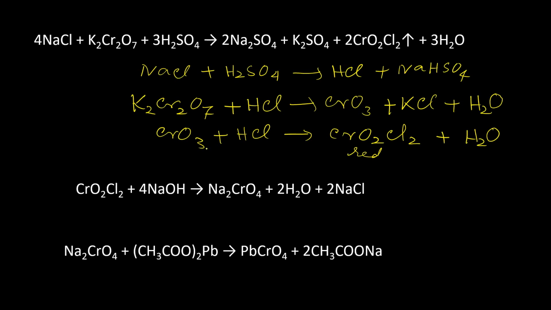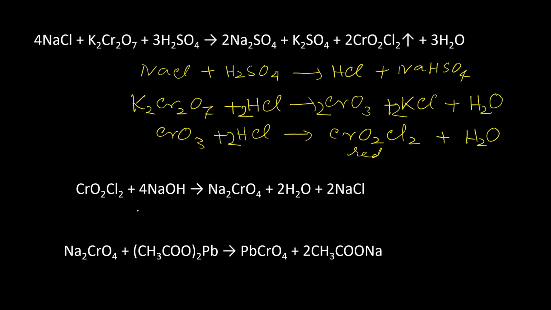Now, if you balance this equation, then here it will be 2 HCl and 2 chromium trioxide, and potassium also will be 2. And here it will be chromium, it is 2, that's all. Okay. So this is the mechanism of this chromyl chloride test, chromyl chloride formation.